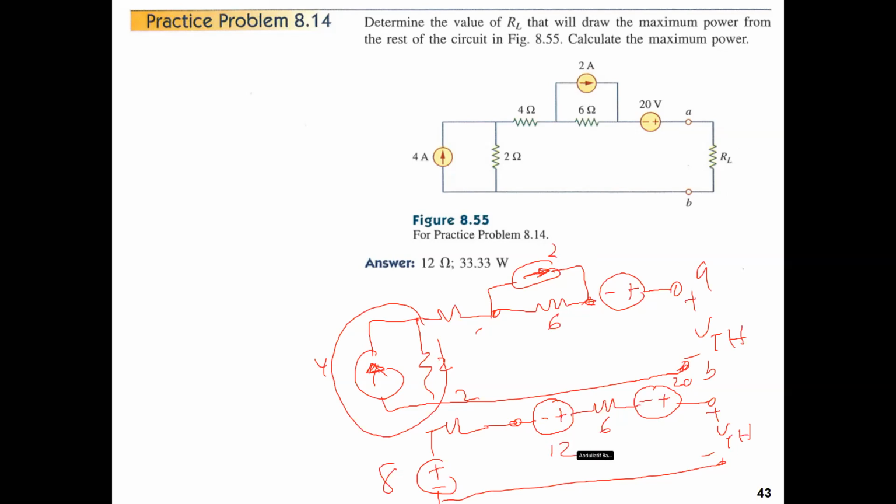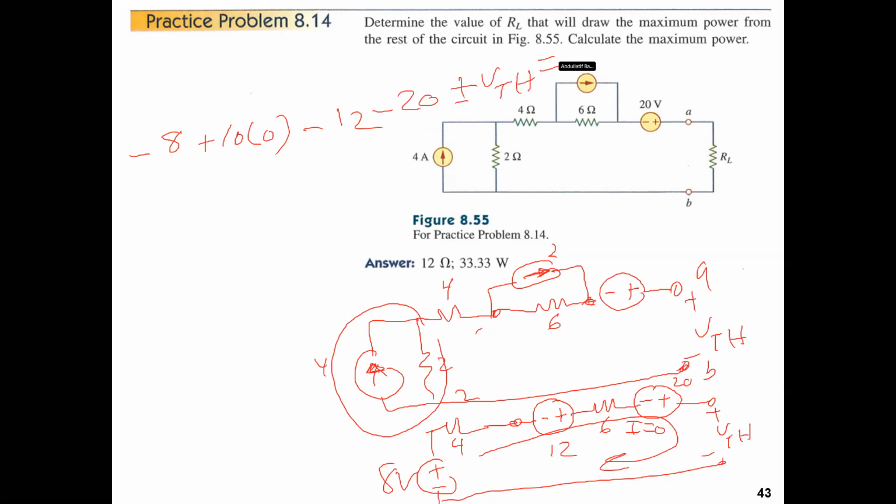We have 4 here, 4 here. If we apply KVL around this loop, no current flows, so the only thing is KVL: minus 8 plus 4 plus 6 is 10, 10 times 0 is 0, minus 12, minus 20, plus VTH equals 0.